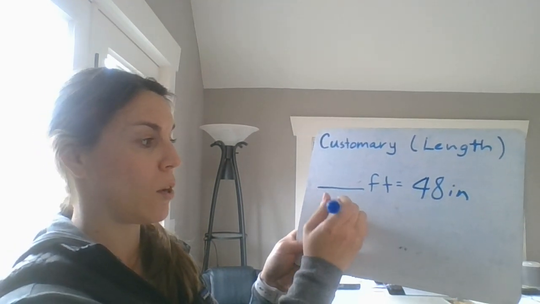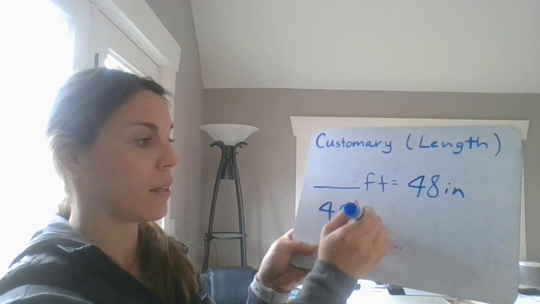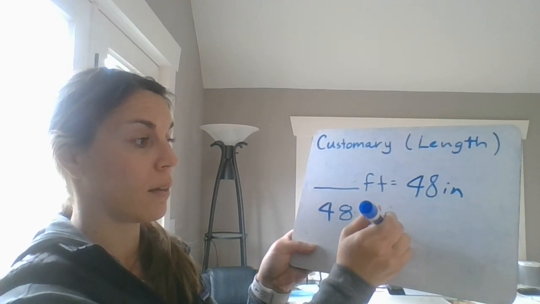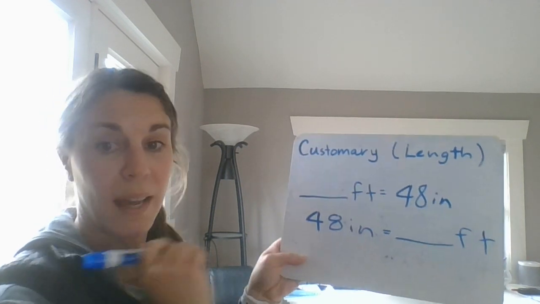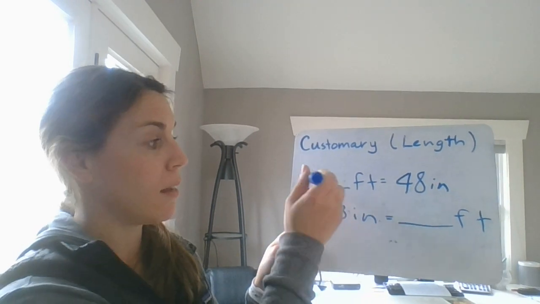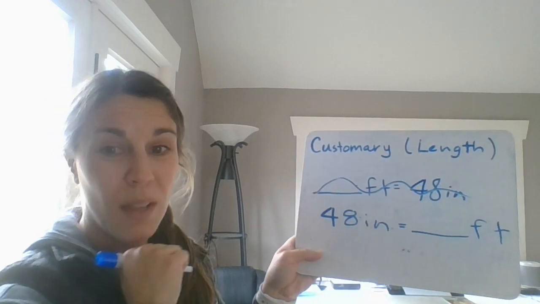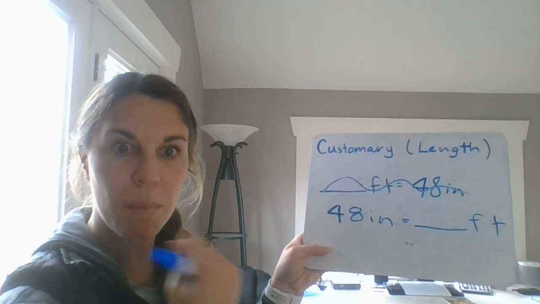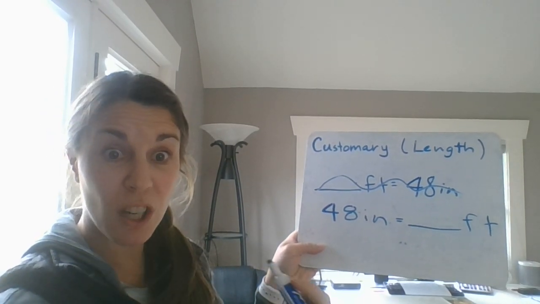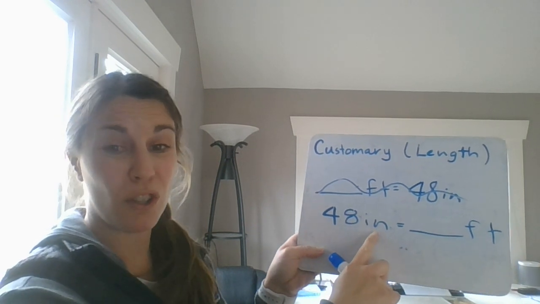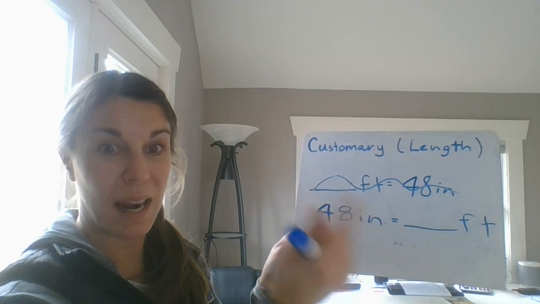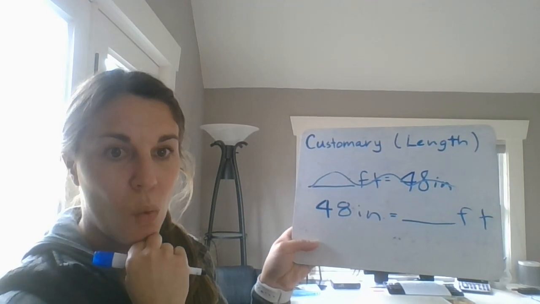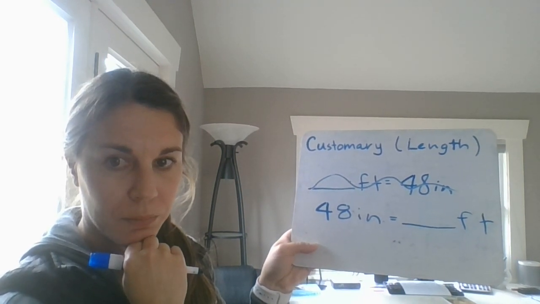So if you don't like how this looks, let's just flip it. That means let's put the 48 inches first, equals blank feet. If you don't like how that looks, just rewrite it, flip it. Now we're just going to do our coding again. If we're starting at inches, the width of your thumbs, and I'm going to feet, what direction am I going?